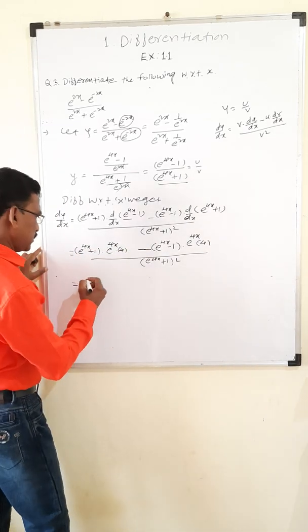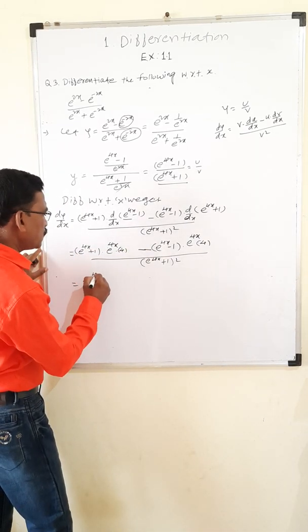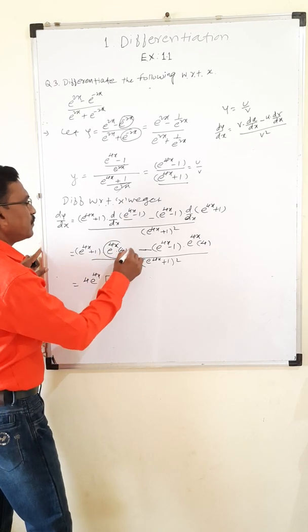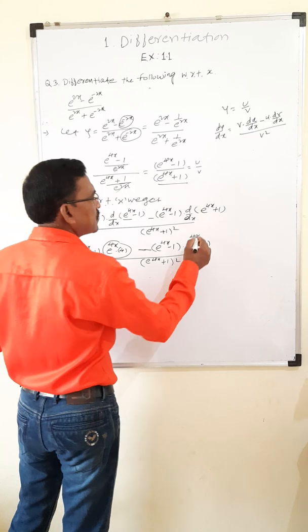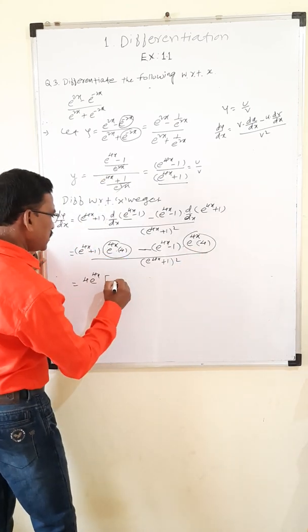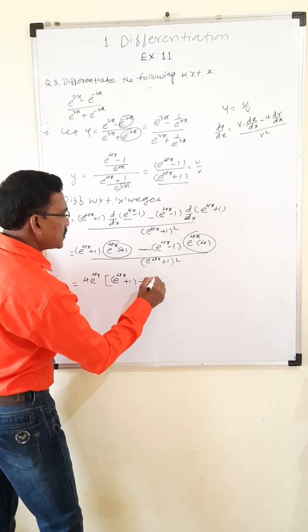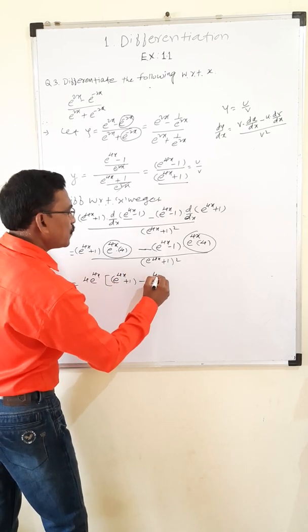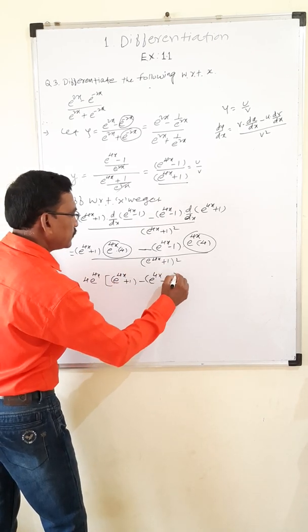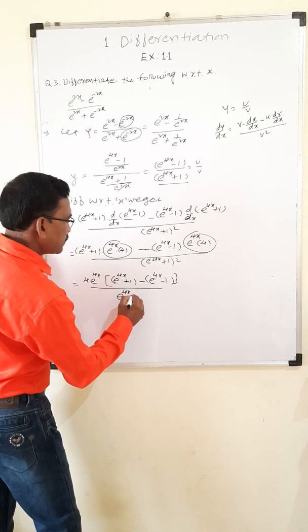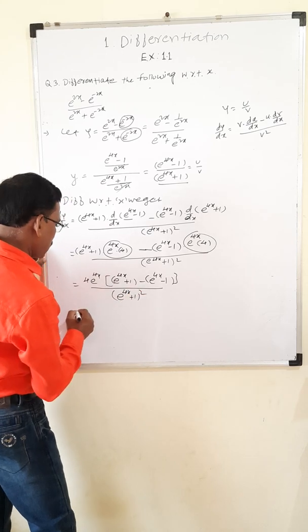We take common this 4 into e raised to 4x. When we take common this 4 into e raised to 4x, it remains e raised to 4x plus 1 minus e raised to 4x minus 1 divided by e raised to 4x plus 1 whole square.